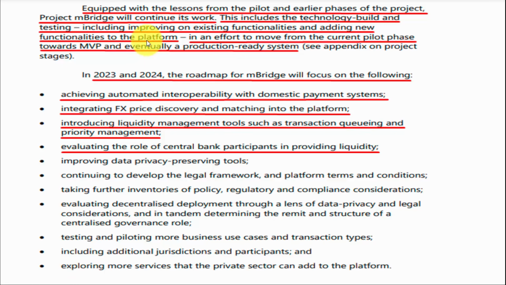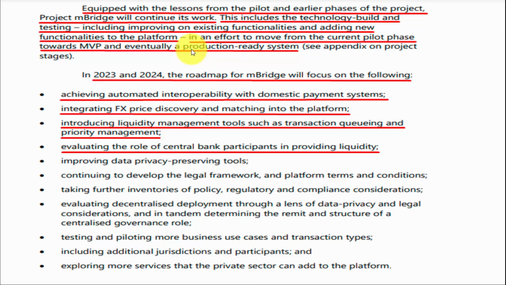They're further developing and improving it, and they want to make it much better in an effort to move from the current pilot phase toward a minimal viable product, MVP, and eventually a production ready system, where I guess it's fully fledged and central banks around the world can use mBridge as a way for CBDC cross-border payments.